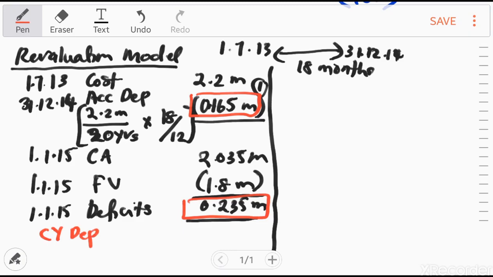Remember I told you that I'm going to prepare a movement of PPE schedule, right? So you need to calculate the current year depreciation in 2015. If you want to know how much it is, we can do the calculation. It's not that difficult. You can do it in a very simple way. So we'll be doing that.